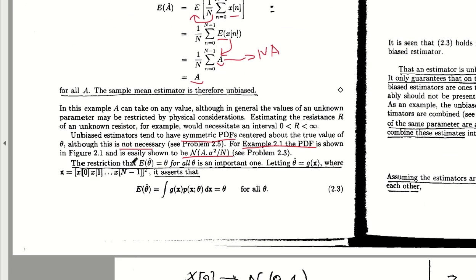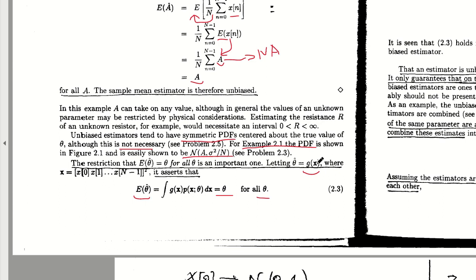The restriction that the expectation of theta hat equals theta for all theta is an important restriction. Letting theta hat equal g of x, where x is the data vector, it asserts that the expectation of theta hat equals the integral of g of x times p of x; theta, a condition on theta, dx, equal to theta for all theta.